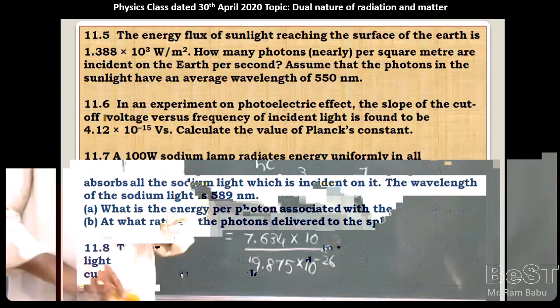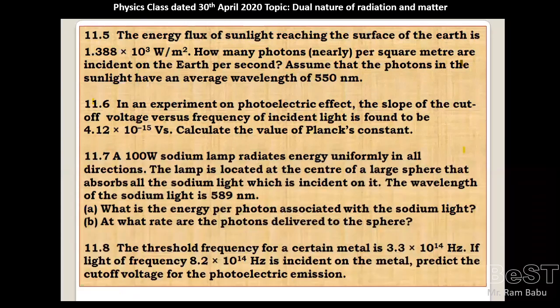In an experiment on photoelectric effect, the slope of the cutoff voltage versus frequency of incident light graph is found to be 4.12 into 10 to the power of minus 15 volt second.